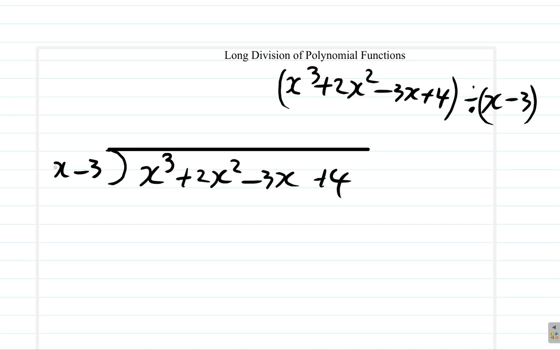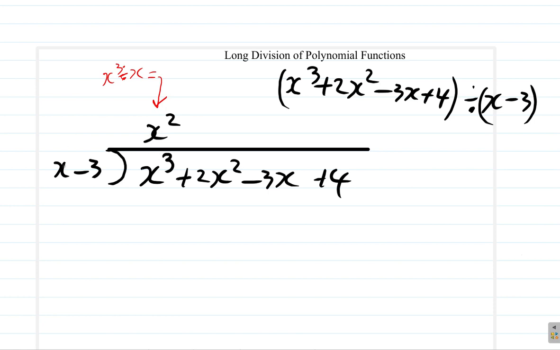Alright. Now we're going to say how many x's are in x cubed. X into x cubed. We have x squared times, because we want to say x cubed divided by x equal, and this is what we get. Alright?